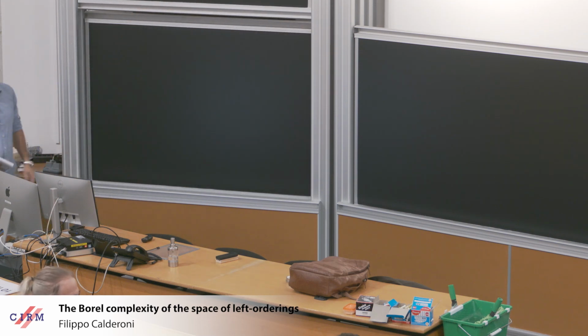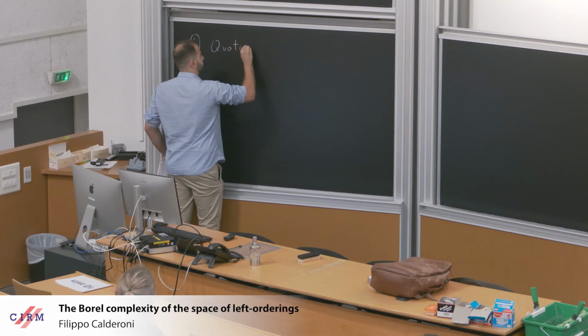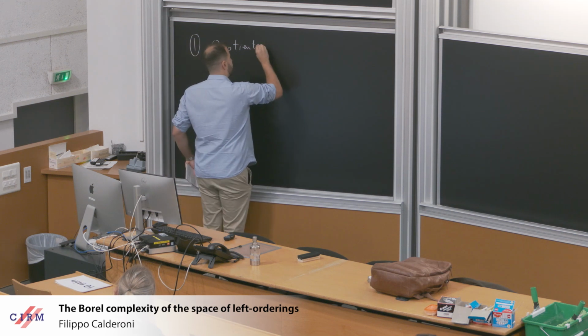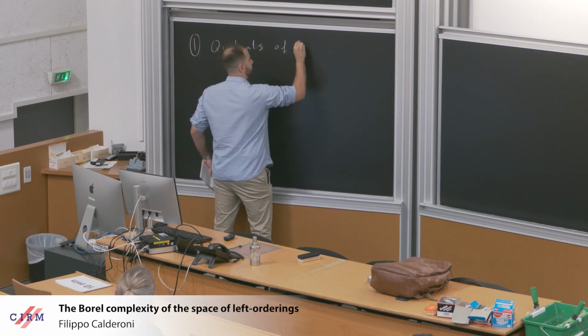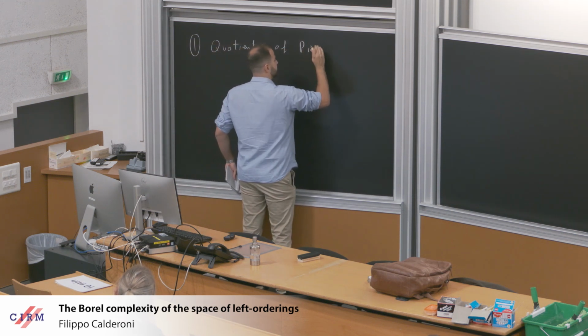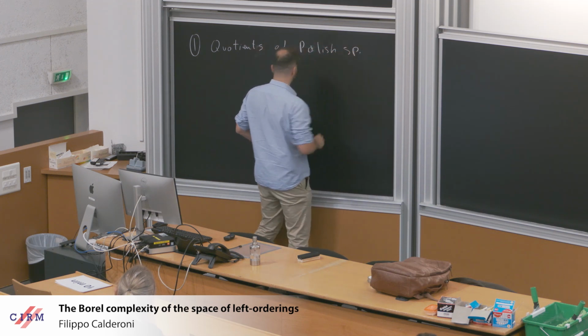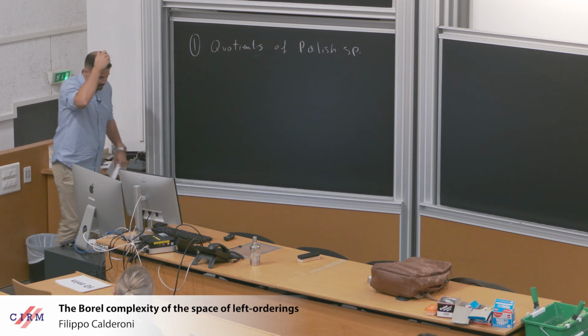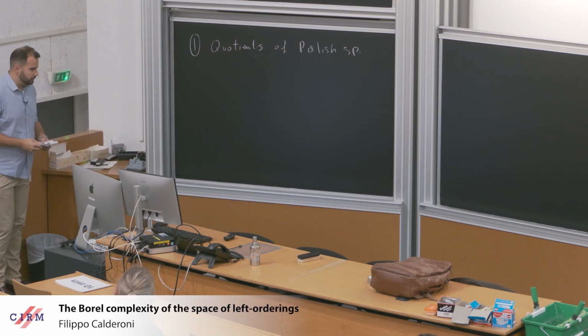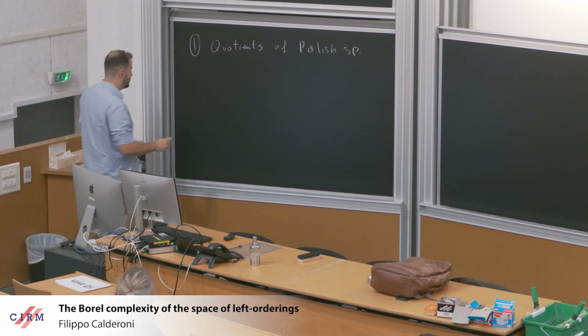So I want to start with an outline of this talk. First, I'll recall something about quotients of Polish spaces, which is a research main trend in descriptive set theory.